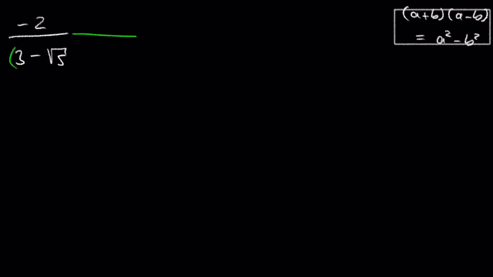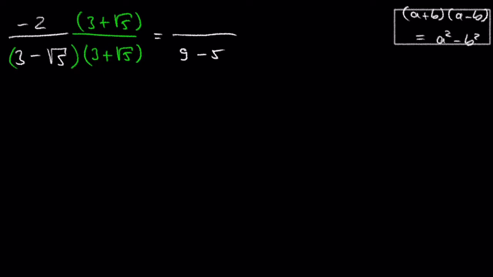Again, multiplying with the conjugate of 3 minus the square root of 5. Leads us to 9 minus 5, which is 4.